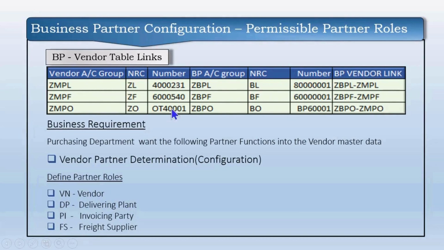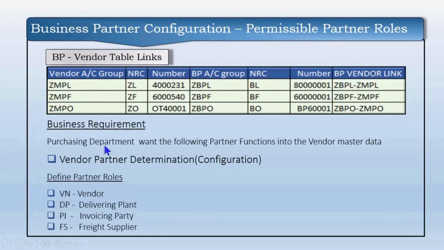This table will give you a clear understanding of what configuration we have done, what is actually happening in the system. Now a business requirement comes in. The purchasing department wants the following partner functions in the vendor master data. This is the vendor partner determination configuration, which we'll be doing now as we finish this slide.